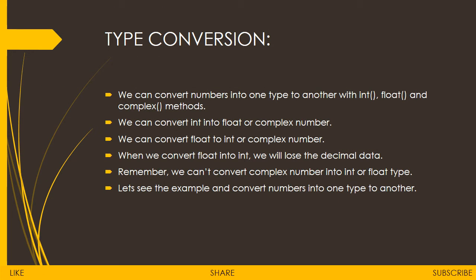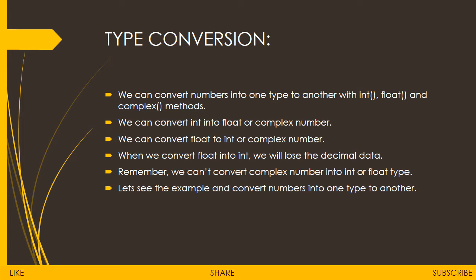Type conversion. We can convert numbers from one type to another with the integer function, float function, and complex function. These are the methods to convert one type to another. We can convert integer into float or complex number. Same as integer, we can convert float to integer and complex number.